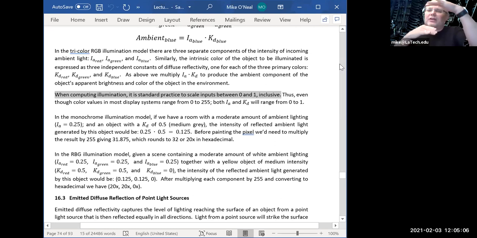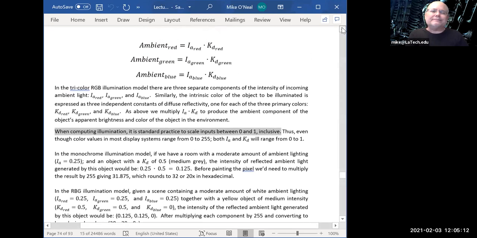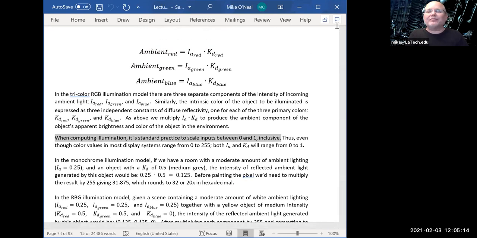So the final intensity term, which remember is ambient plus diffuse plus specular, ends up being 1. We try to scale things that way.